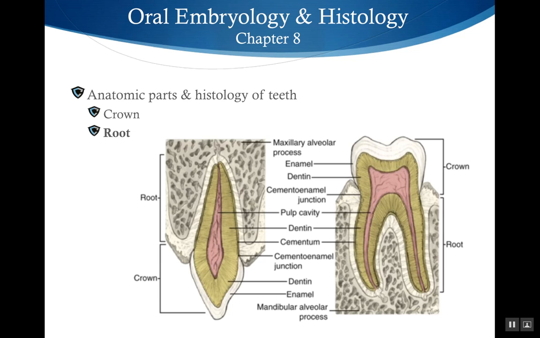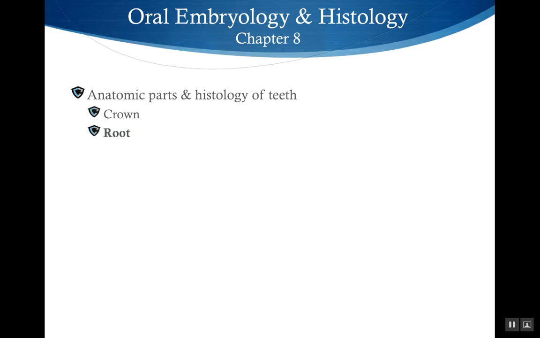A periapical radiograph shows the apex or the root of the tooth, and it's important when we're taking radiographs, when the dentist asks for a periapical radiograph, that we capture in that radiograph the entire apex of the root, because oftentimes when a tooth becomes infected, when the nerve, the pulp becomes infected, we'll see that infection in the bone at the apex of the tooth. So it's very important that you capture the entire apex of the root in that x-ray.